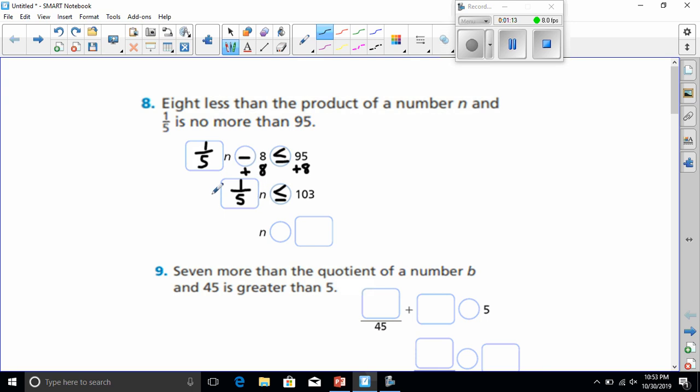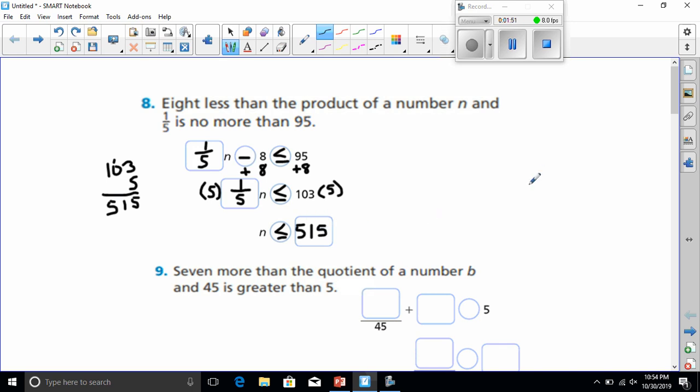Now I know that I have to multiply by 5, because 5 over 1 is the inverse of 1/5. And whatever I multiply to one side, I have to multiply to the other side. So n has to be less than or equal to 103 times 5, which is going to give me 515. So my answer must be 515.